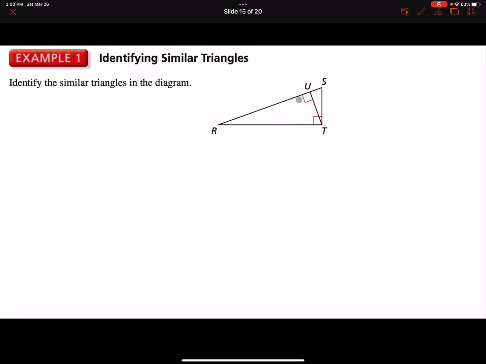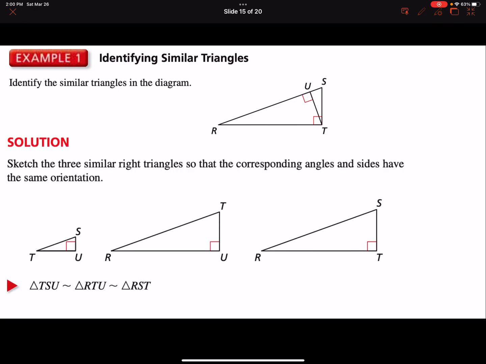Now, if you started with T, you might have had a different order. If you started with U, you might have had a different order. Okay. In the solution, they decided to go with TSU, so they went from the smallest vertex to the hypotenuse to the right angle.